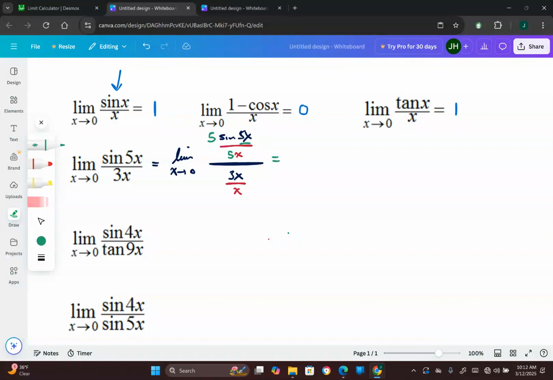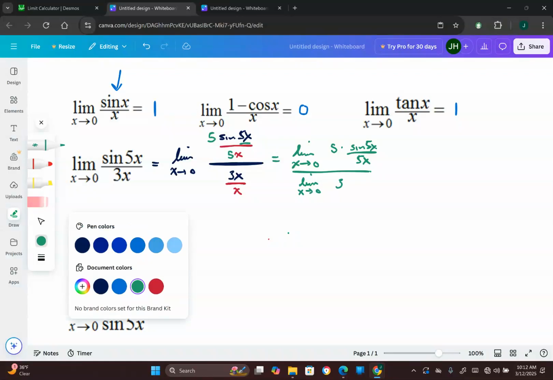We're going to take a look at this as basically two limits. We're going to take the limit as x approaches 0 of the top here, and this would be 5 times sine of 5x over 5x, and the bottom would be essentially the limit as x approaches 0, and that reduces to 3.